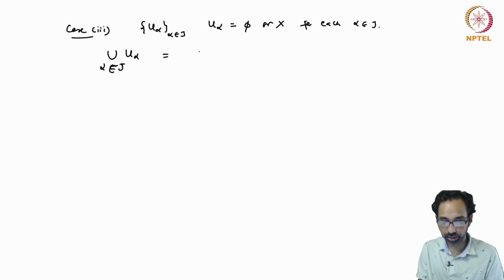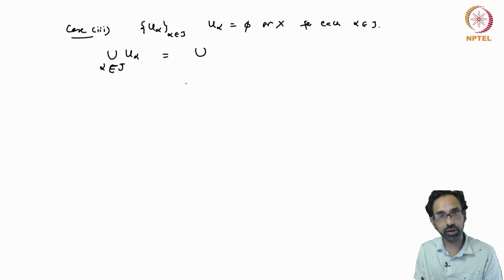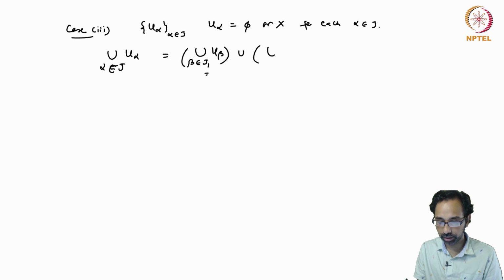We can break this union into two different unions. The first one is beta in J1, a different index set, union of u beta, and another union, gamma in J2, of u gamma.